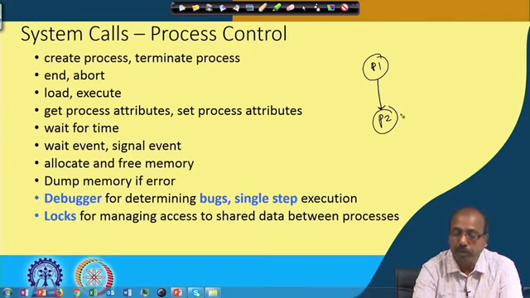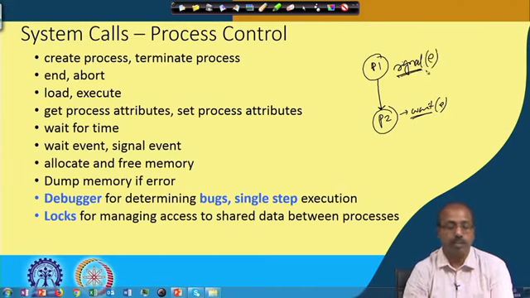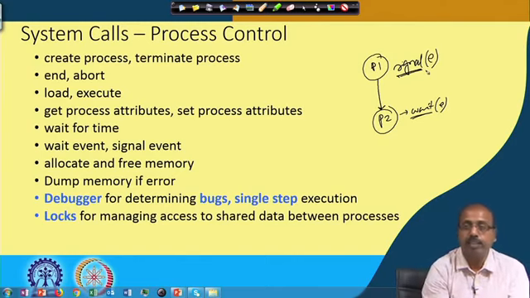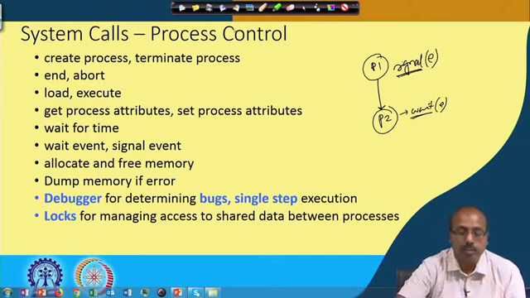That is the wait system call, and process P1 will do the signal on E. That way it will signal that the event has occurred. So, that is the wait event and signal event. They are two different operations for which there must be system calls available, so that they can be utilized by the processes.